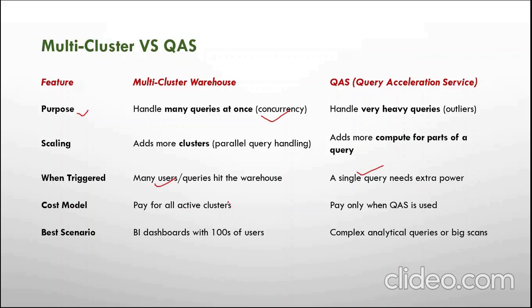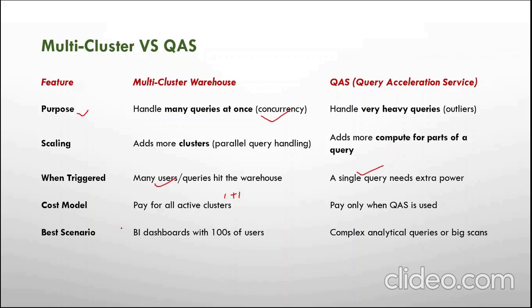For one cluster we have to pay some amount. When increasing the clusters, the amount also increases automatically. So it depends upon the active clusters. While with QAS, only when we use this option do we need to pay the amount.